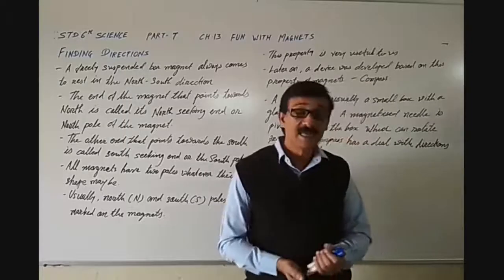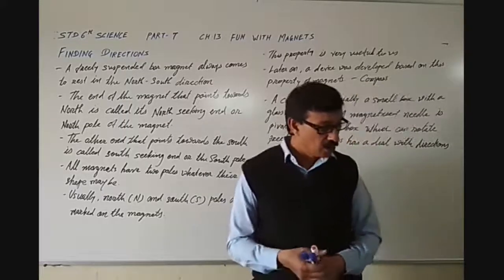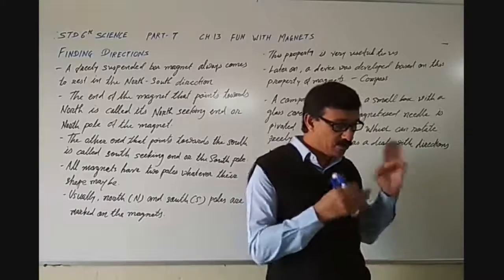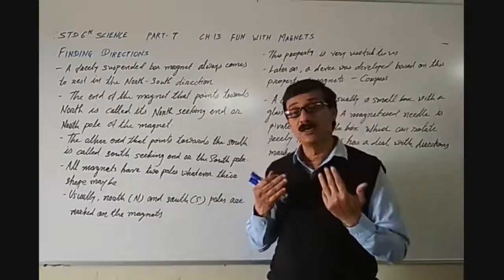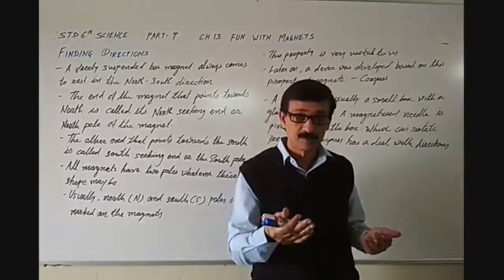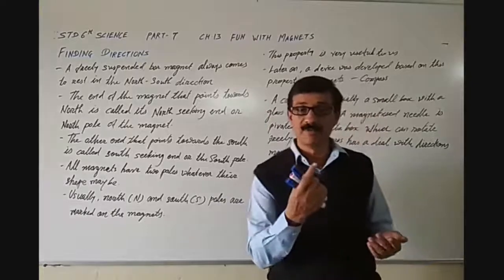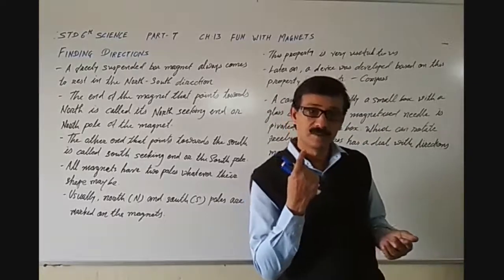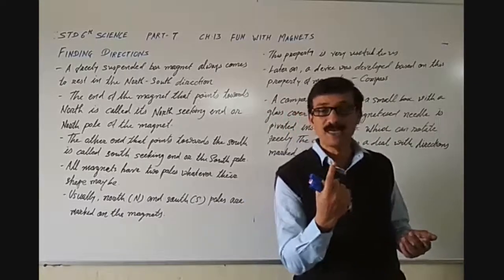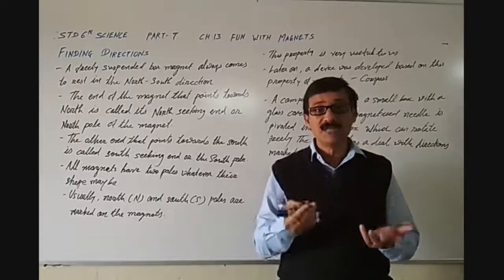Using this, we can figure out which end of the magnet is pointing to the north and which end is pointing to the south. So we can say the magnet comes to rest in a particular direction, north and south, but which is north and which is south?